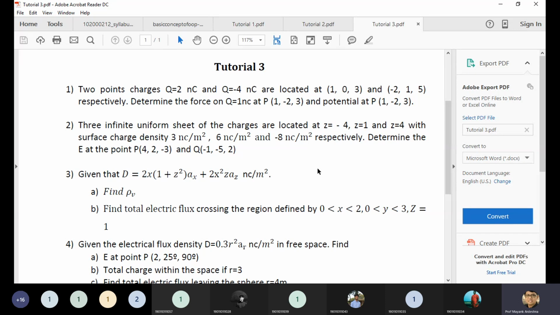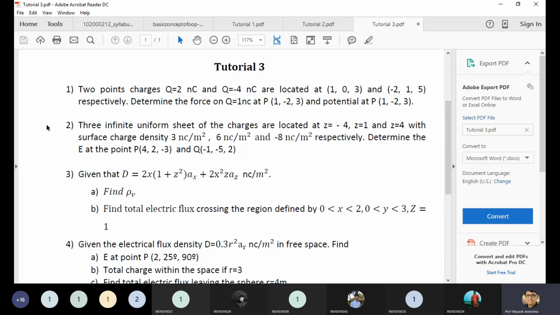So the total charge in a given surface is equal to the total electric flux through the closed surface, which is Gauss law. Using Gauss law, we find the electric field intensity because of the line, surface as well as point charge.